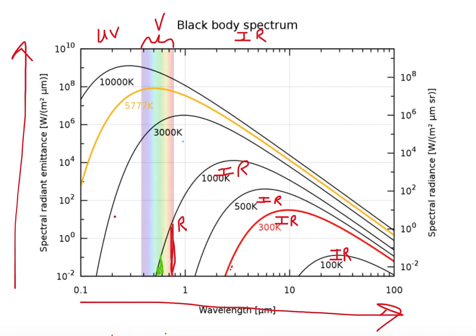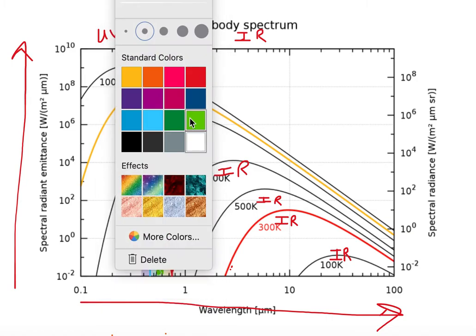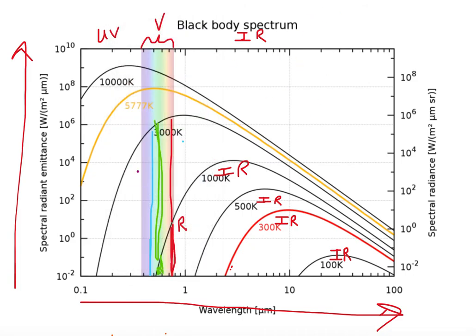Let's take a look at the 3,000 Kelvin object. The 3,000 Kelvin object emits a lot of red and a fair amount of green, but not so much on the blue side. Blue is a lot less. And once you get down to violet, violet is even less.